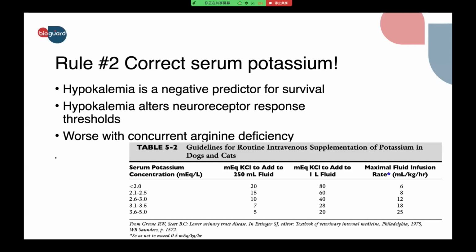There is one thing we need to be sure to check if you want to put potassium in the fluid: that the cat is not hyperkalemic. There are some physical exam findings to help us temporarily rule out hyperkalemia, which is to check the heart rate. Because I think we have all previously done euthanasia for animals.